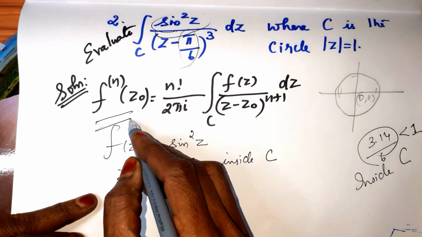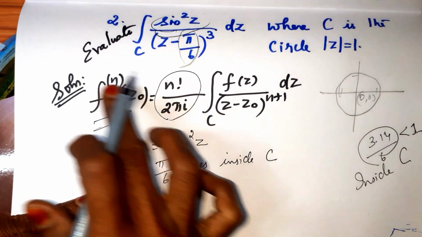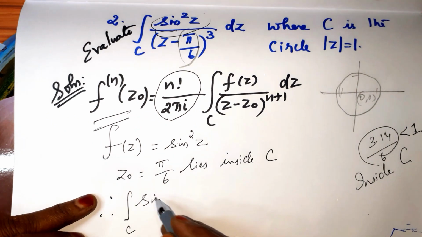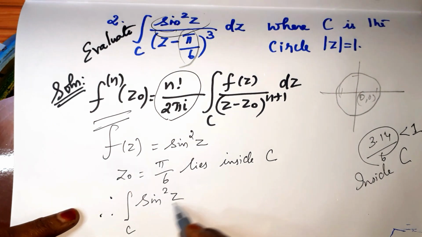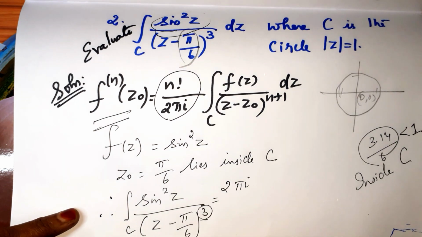And using this formula, we don't have this term with the integration, so we have to take this to the other side. So the given problem we have now is the integral over C of sine squared z by (z minus pi by 6) the whole power 3 is equal to 2 pi i. What is the power we have here?